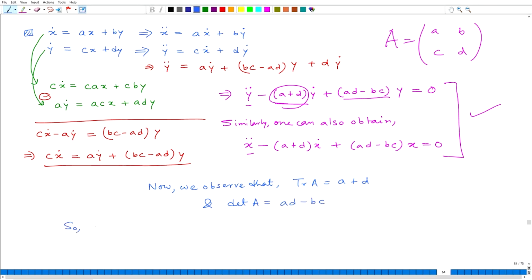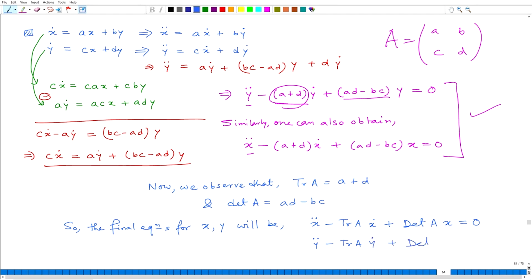So, the final equations for x and y will be x double dot minus trace of A times x dot plus determinant of A times x is equal to 0, and y double dot minus trace of A times y dot plus determinant of A times y is equal to 0.